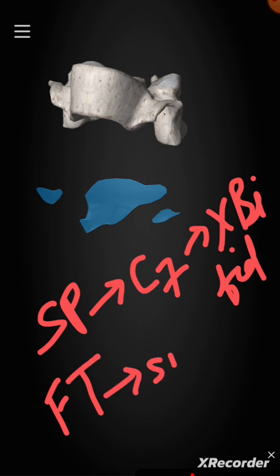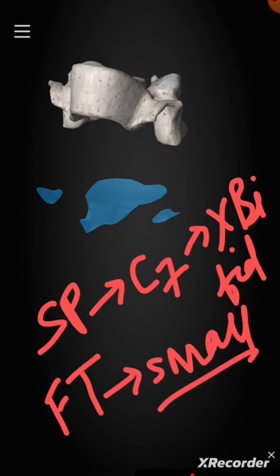Transverse processes are comparatively large, specifically the posterior part is larger than the anterior part. The foramen transversarium is very small compared to typical cervical vertebrae.